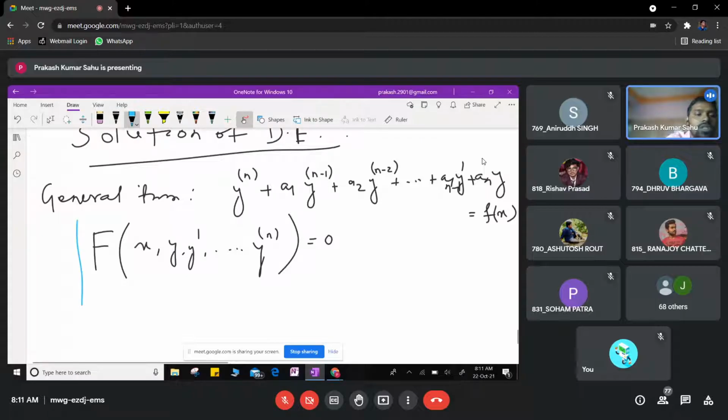So this is also a general form of a differential equation, nth order. This is another form. Understood my point?